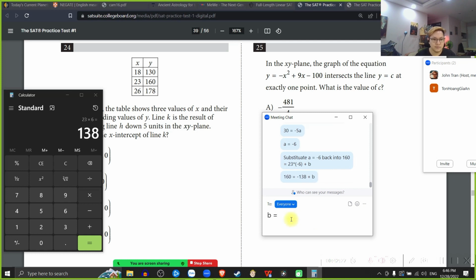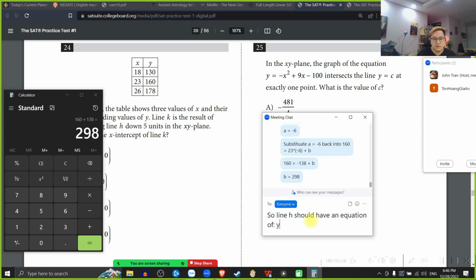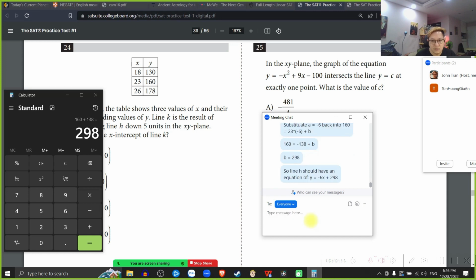So b should be equal to 160 plus 138, which is 298. Wow, that's a big number. So line H should have an equation of y equal to minus 6x plus 298.